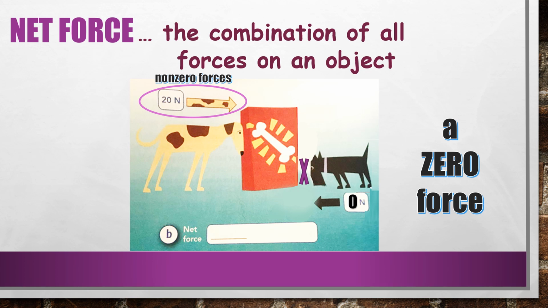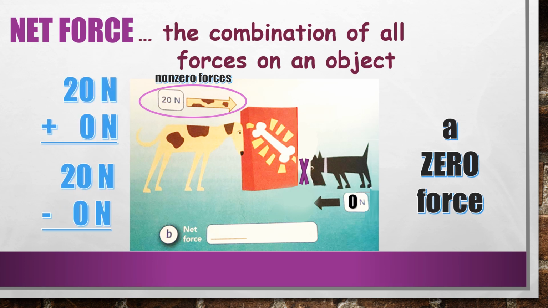He's not actually pushing against the box, so there's 0 force coming from him. Therefore, when I combine those together, I can add or subtract because the little dog's not affecting the box at all. I know it's going to go 20 newtons and it's going to go to the right because that's the direction that the big dog is going.